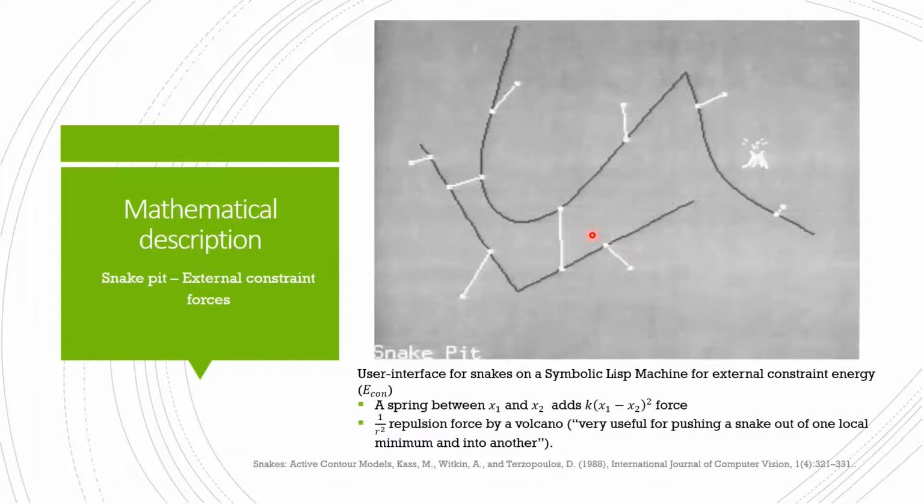But that depends on your energy term. Yes, if we are using a balloon snake, then it will expand and it will identify the inner portion. Yes, I'm talking about the balloon model. Okay. Can you please go to that slide? Balloon.